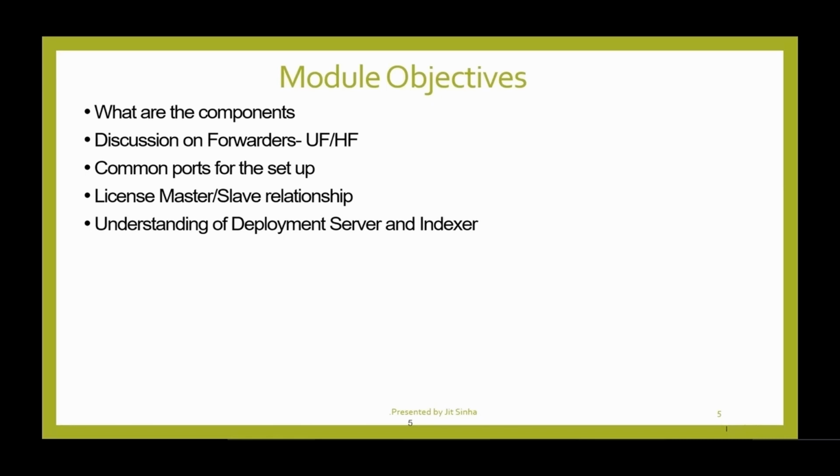The moment there is a threshold breach, it will trigger an email. There are a lot of other ways of letting the administrator know where exactly the breach happened, how, at what time, and whether this is a persistent breach or not.